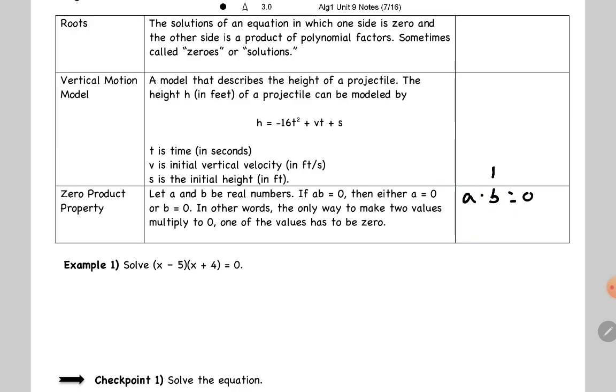So if b was 0, that means a could be basically anything, and that would work. If a was 0, then b could be anything. So that's what the zero product property says. If you have two numbers being multiplied together and they equal 0, that means one of them has to be 0.